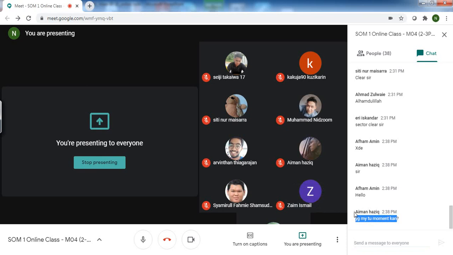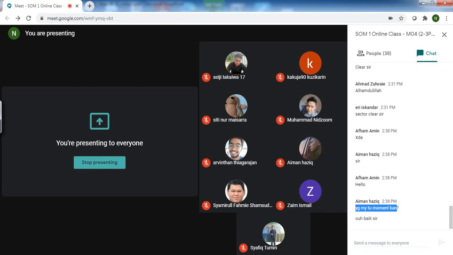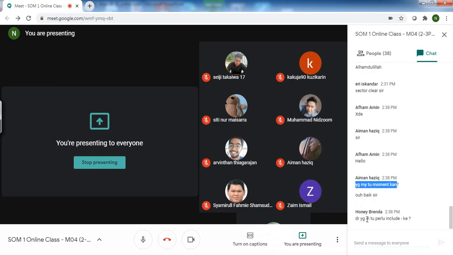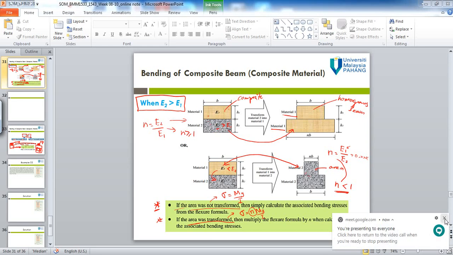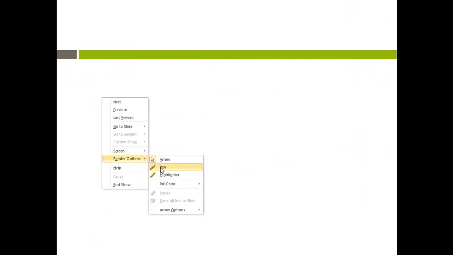M is moment. Y is the distance from the neutral axis. Another asked whether the minus sign needs to be included. In some textbooks, they write sigma equal to minus My over I, so it has a negative sign. Your friend asked whether you need to put the negative or not. If you know the direction of deformation, there is no need to put it.